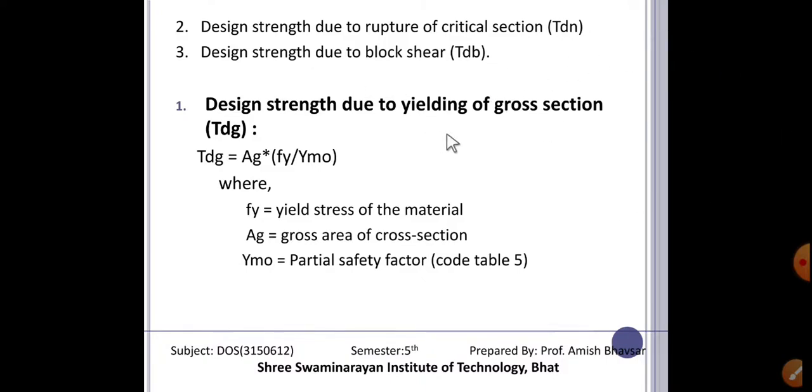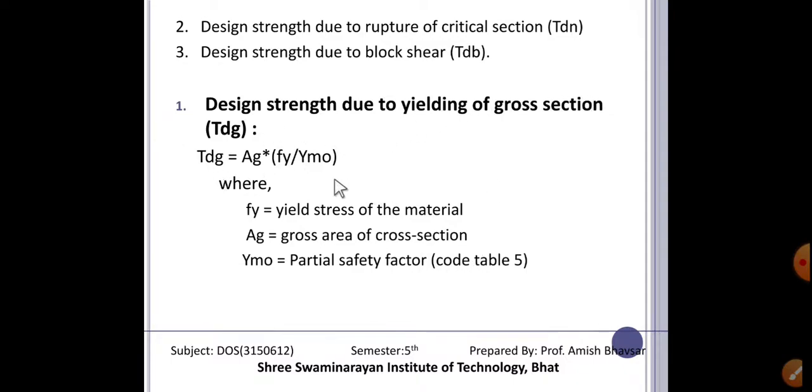From these 3, whichever is smallest, that is TD, and T should be less than this TD. Clear?